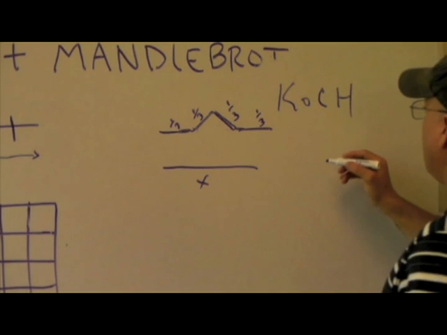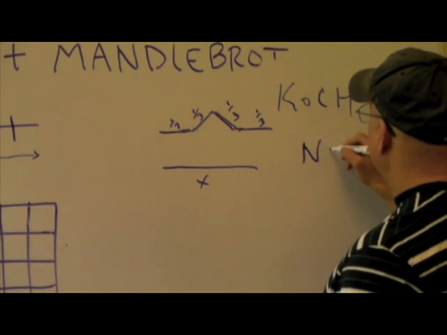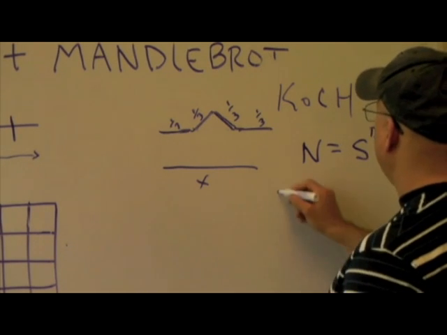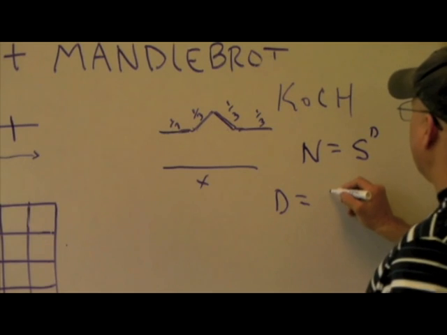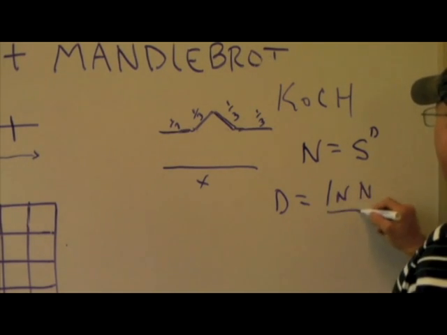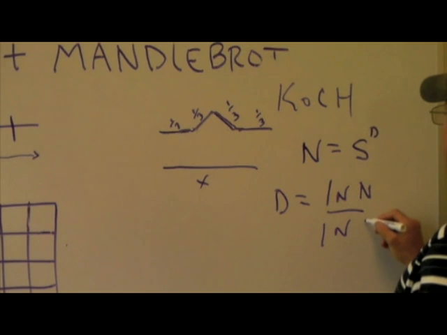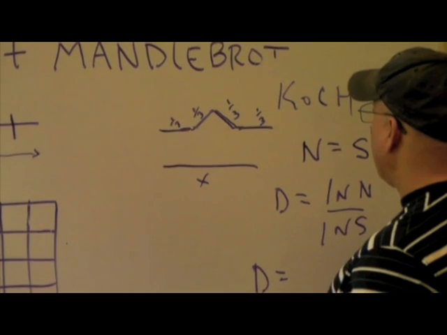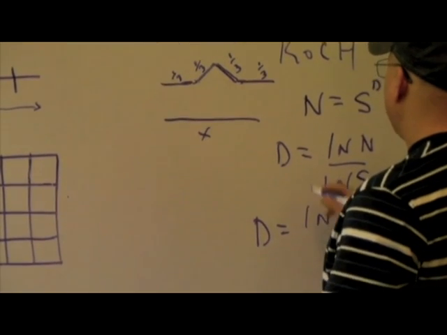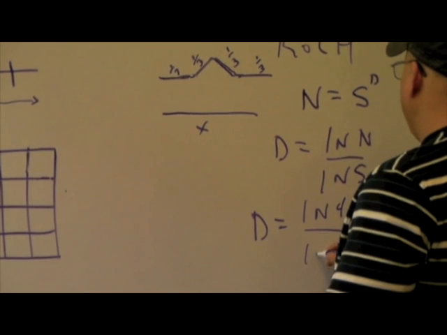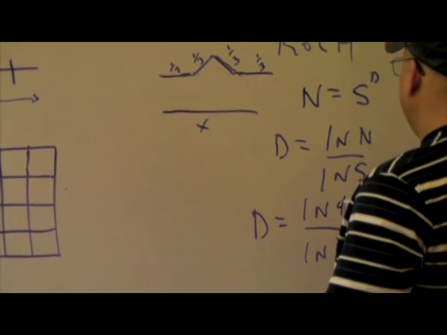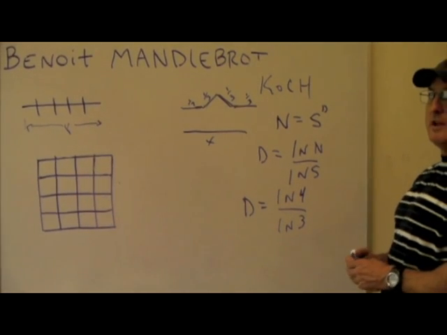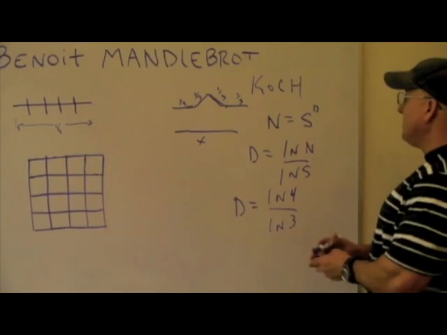So if I use the formula that we've derived, n is equal to the scale raised to the dimension, we now know that the dimension is equal to the log of n over the log of the scale. In terms of the Koch curve, to calculate this dimension, we have the log of the 4 pieces divided by the log of the scale, which is 1/3, since each piece is 1/3 the length of the original segment.